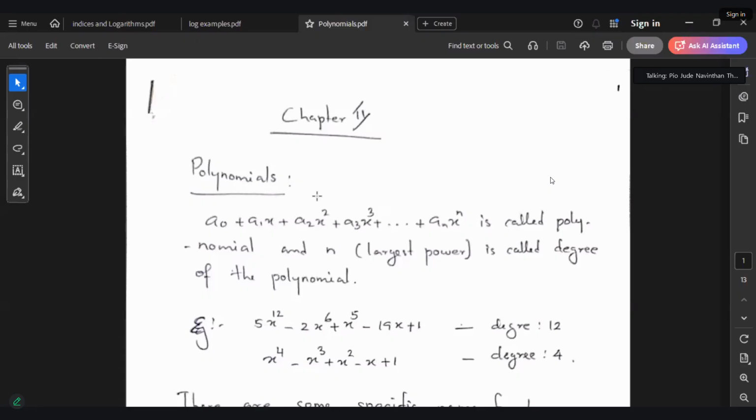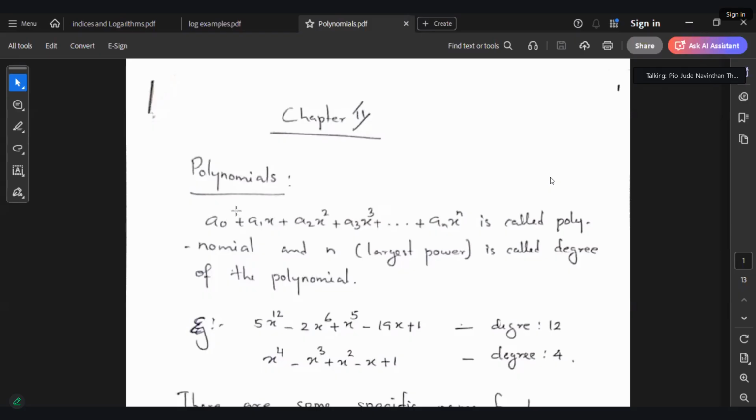Here x to the power 2, x to the power 3, x4, x5, x6, right? xn, it may be any number. If you wish, you can put 100 or 20, 10, anything. So the power of x is increasing: here 1, here 2, 3, 4, 5, 6, right? n.